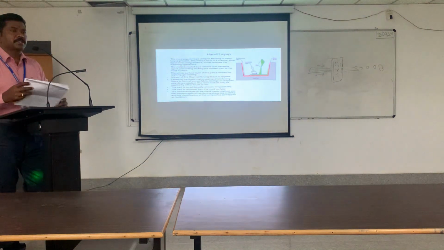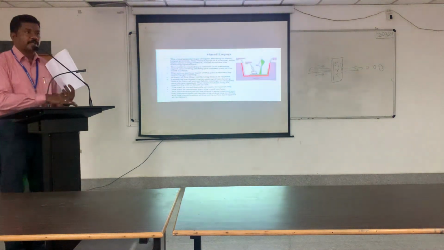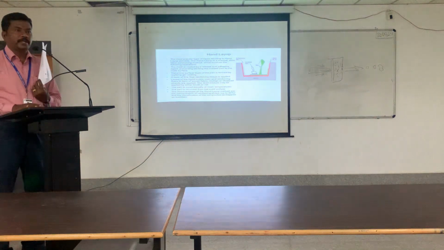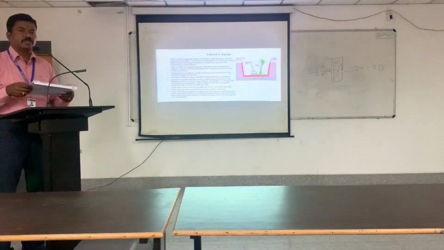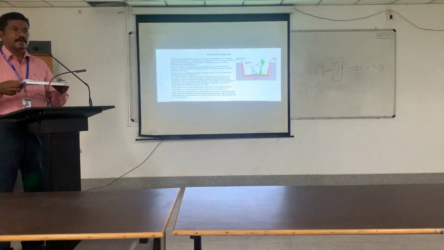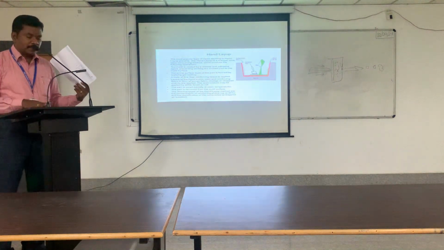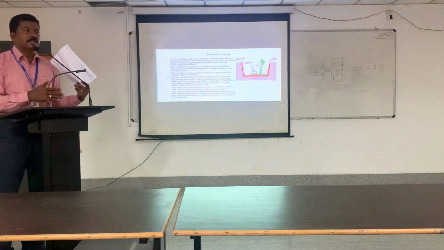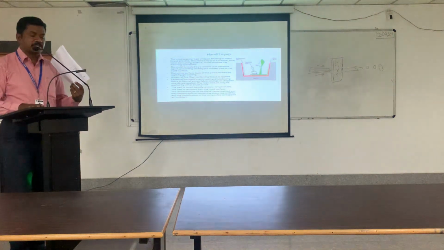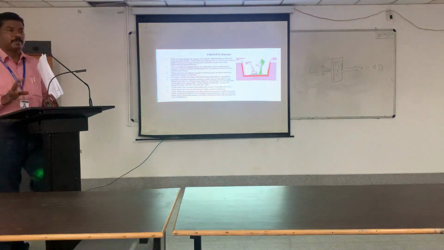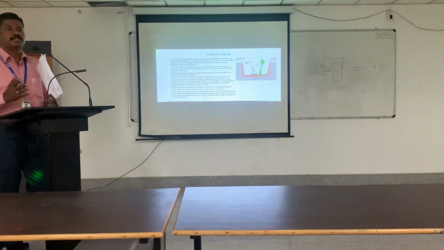So the first step is preparation of the mold table. Depending on the required size of the composite plate to be manufactured, a table should be taken, and the table should be applied with a non-sticking agent. That is called a release film, or non-sticking agent.